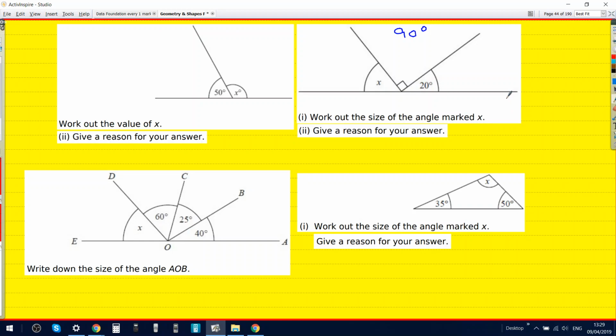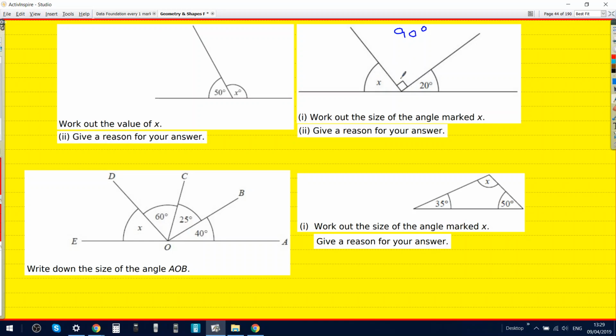So basically, that's a right angle, so it'd be 180 minus 90. Okay, what do you get? 90. Yep. So give a reason for your answer. Hold on. So 180 minus 90 is 90. Right, but we have 2 angles.